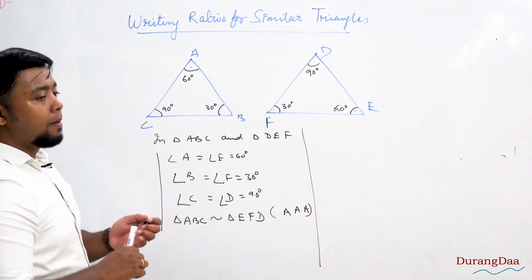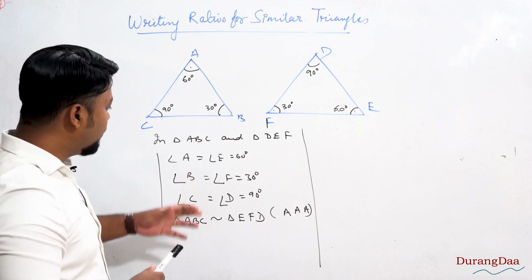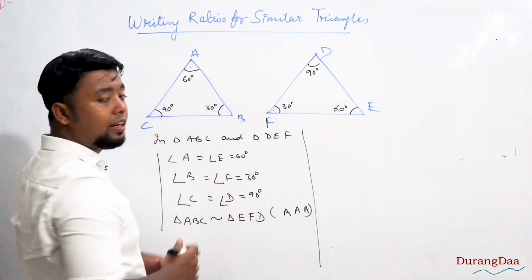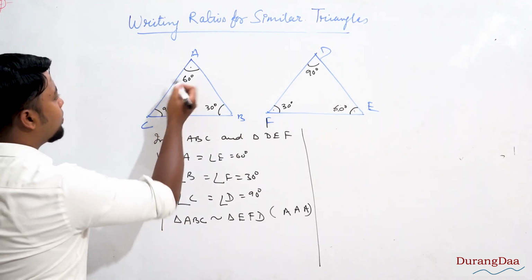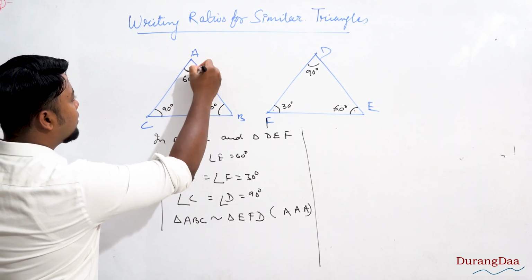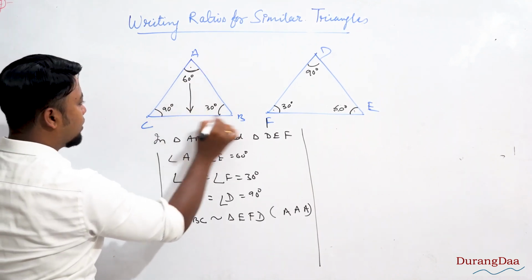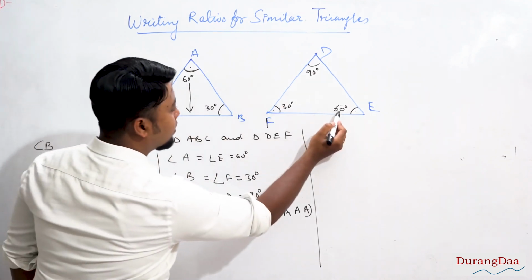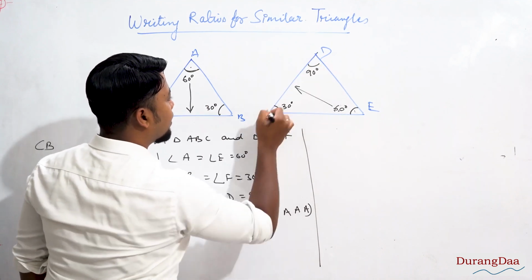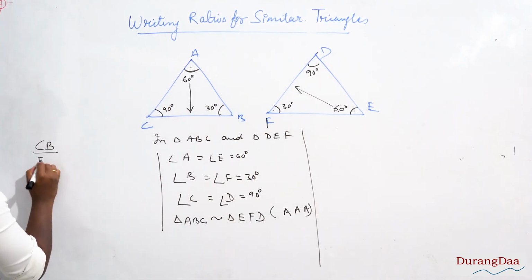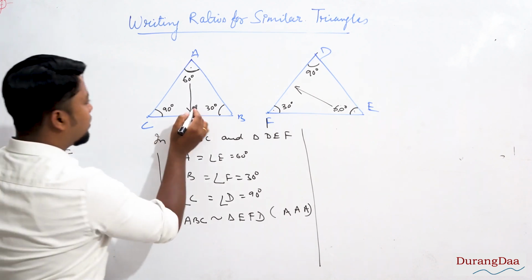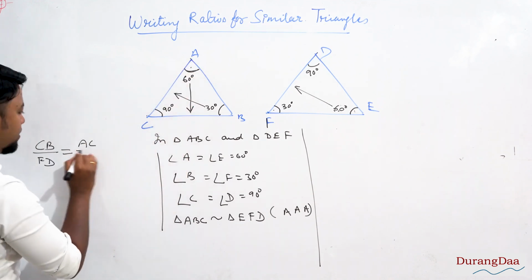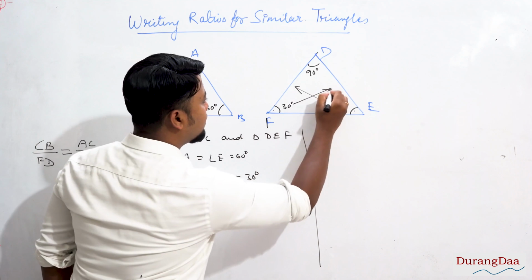Now this is one application of similarity. Once you have proved two triangles similar, you will get ratios out of it. All the corresponding sides should be in ratios. So here is one method. This is angle 60, the side opposite to it is CB. Just write CB. Now hunt for the same angle. This is also 60, the side opposite to it is FD. So CB by FD. Then 30 degrees, the side opposite to it is AC, and the side opposite the other 30 degrees is DE.